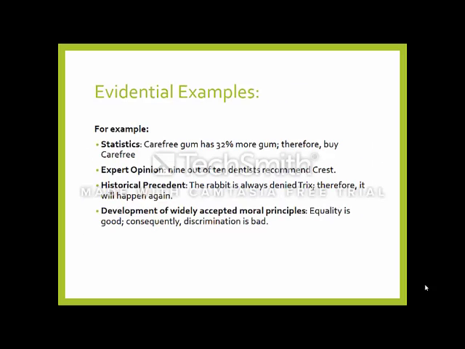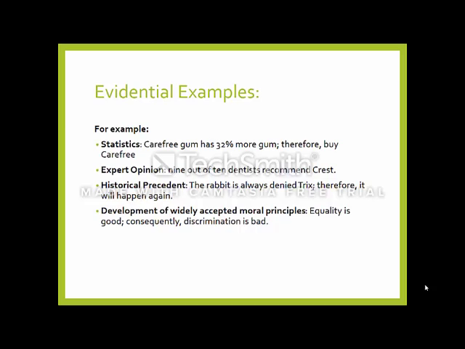Some examples of this are statistics, as I mentioned. That is an example of logos. It's a logical argument talking about a percentage of things, and this is just a silly example: Carefree gum has 32% more gum, therefore buy Carefree. Expert opinion would be ethos. 9 out of 10 dentists recommend Crest, and we usually take what our dentists say as what we should do.